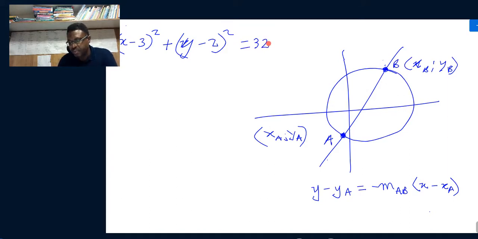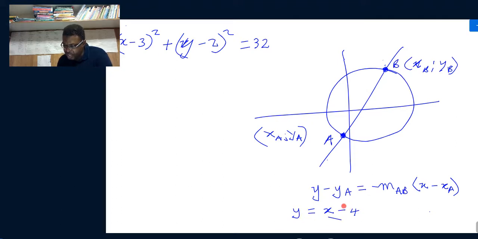So you will have here an equation, let us say y is equal to x minus 4 maybe. So you will take this y and substitute.